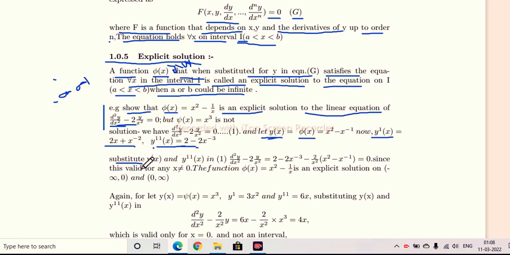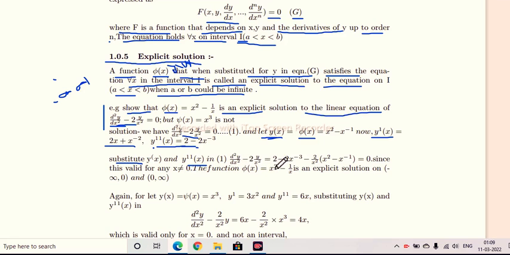Now substitute y(x) and y double dash(x) in equation 1. Equation 1 is d square y by dx square minus 2 times y by x square.